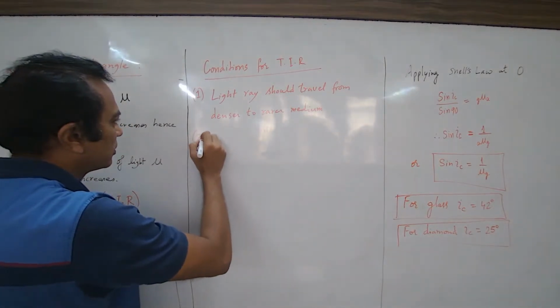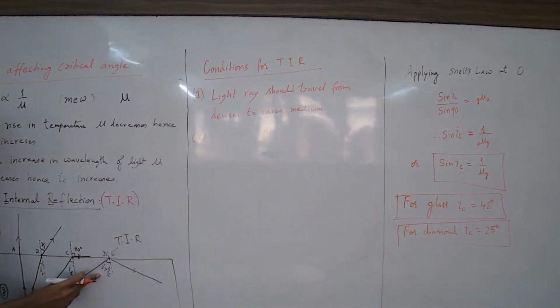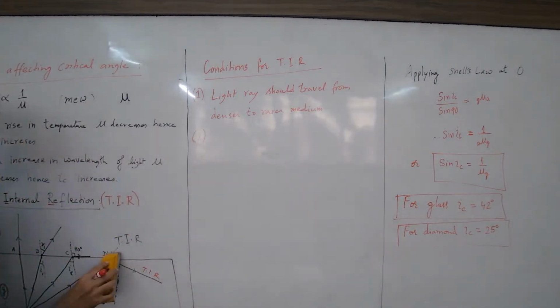Second, what is the second condition? The angle of incidence in the denser medium should be greater than the critical angle. Only then is TIR here, not outside. Outside, refraction happens, okay? So TIR is in the same medium.